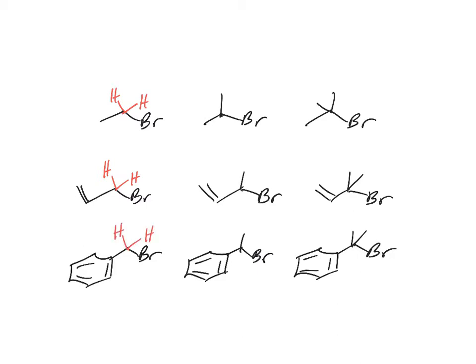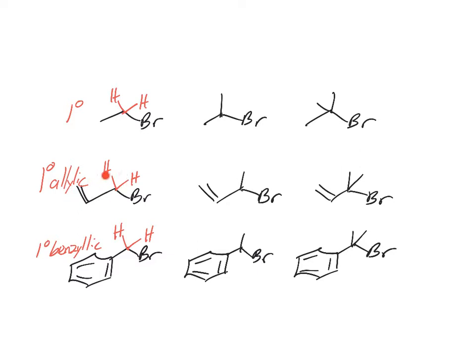So this first row, they're all primary. The carbon the leaving group is bonded to has 2 hydrogens. So these are all primary. Now, they're a little different. This is primary. This is primary allylic. This is primary benzylic. The allylic comes from the carbon that's attached to the leaving group being next to a pi bond.